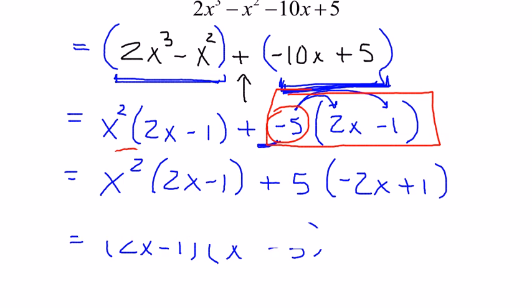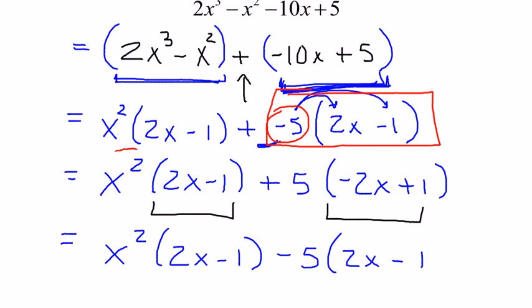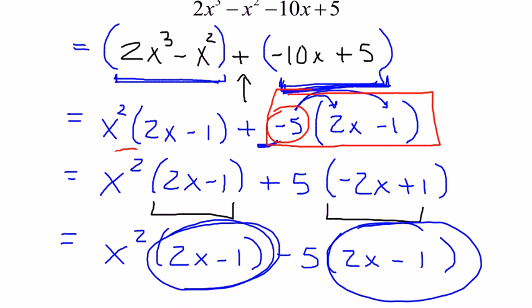And so in order to factor the rest of this, these two have to be the same. Although they don't look the same, they would look the same if we did that extra step of factoring out that negative as well. So then we would have the negative 5, 2x minus 1. So remember, you always want to get these two to be exactly the same, so that you can factor it out.